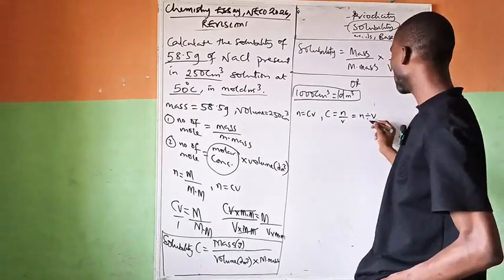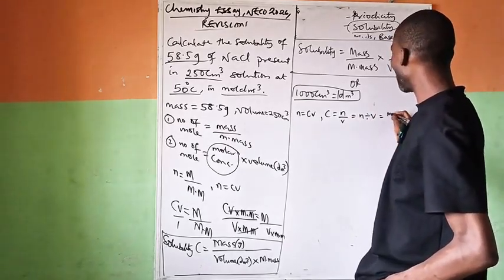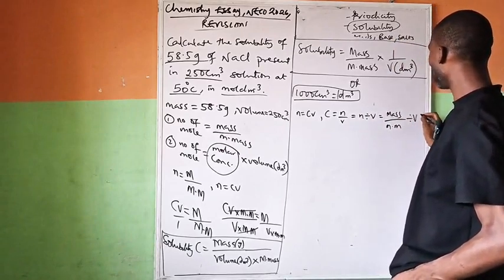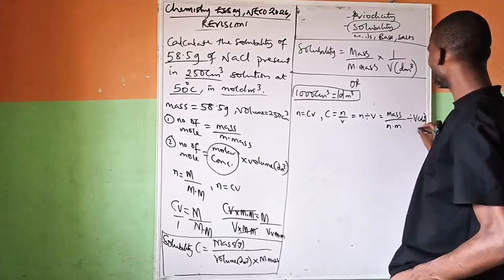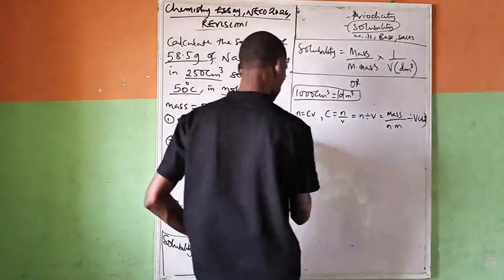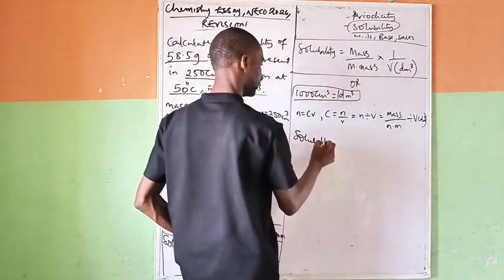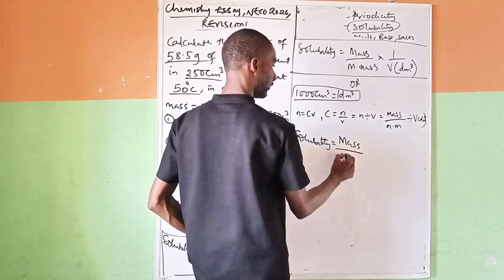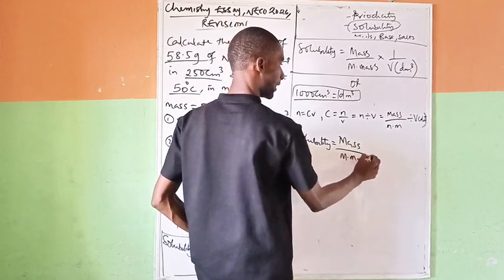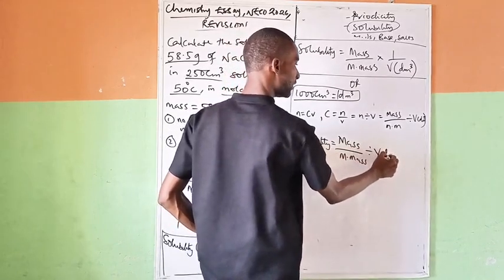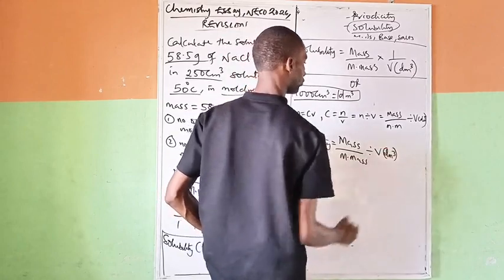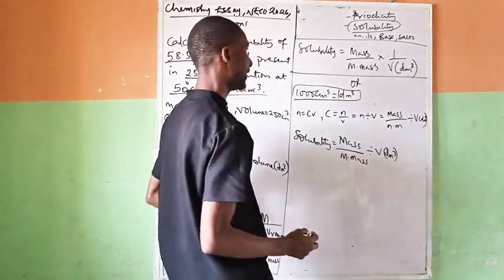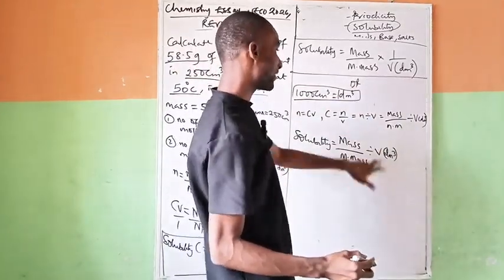So I can as well say my solubility is mass over molar mass divided by V in dm cube.